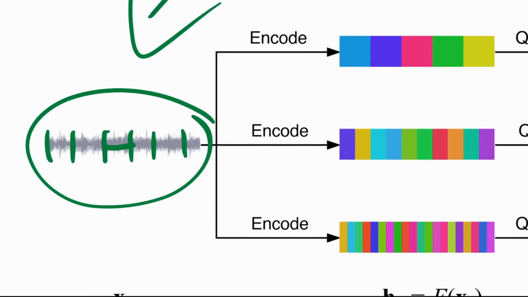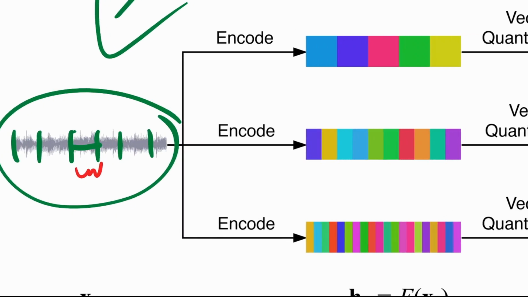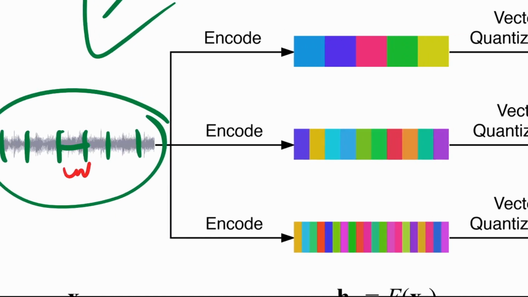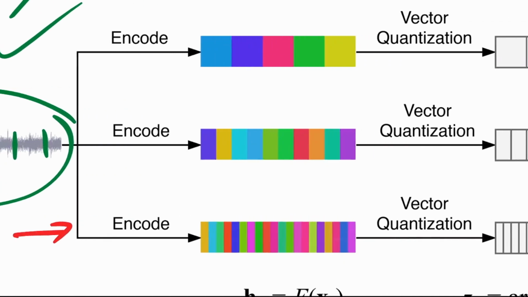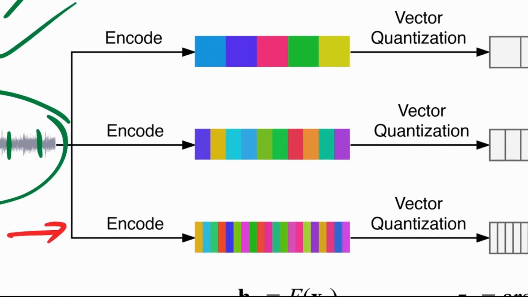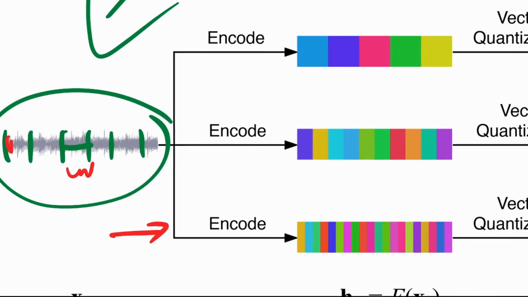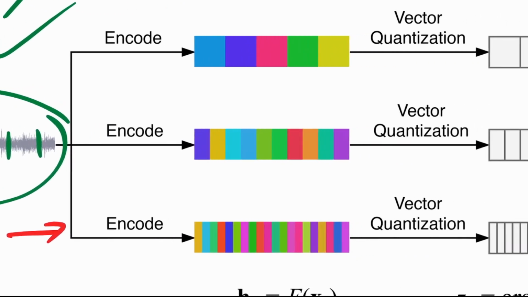And the precise size of the steps with which you go through the audio is different between these different scales. So in this scale right here, you go through the audio in very small steps, right?